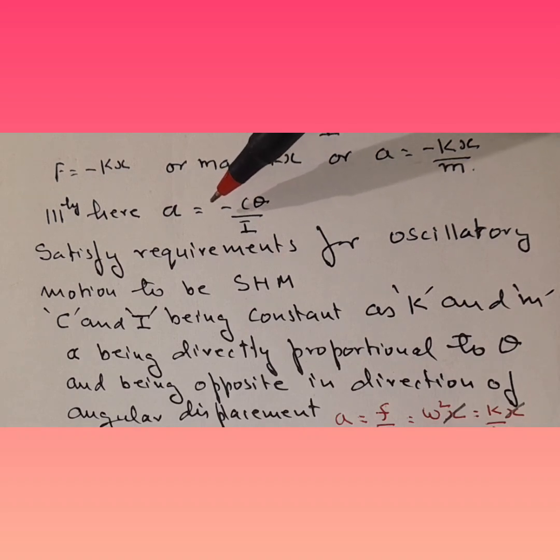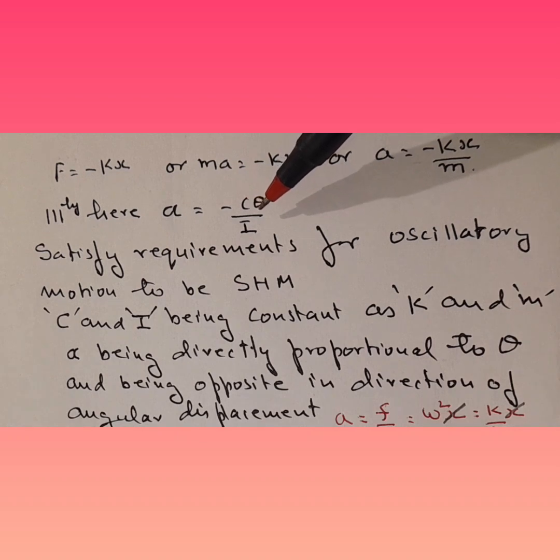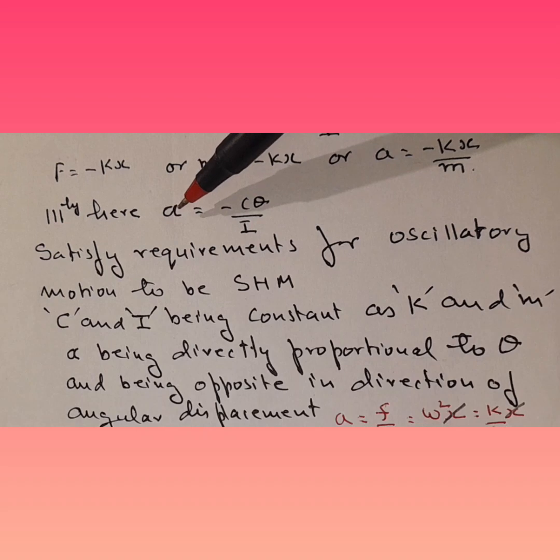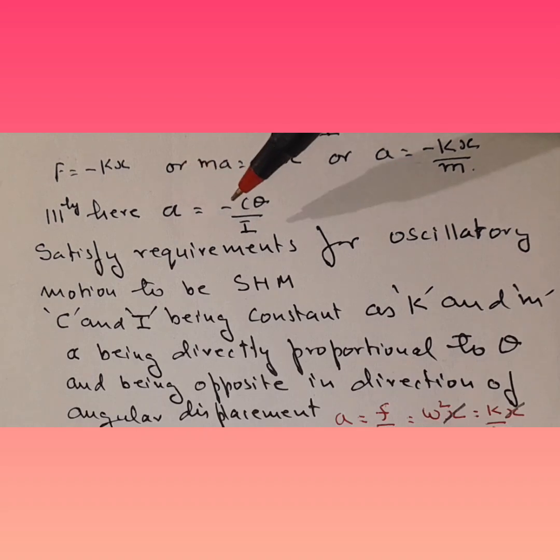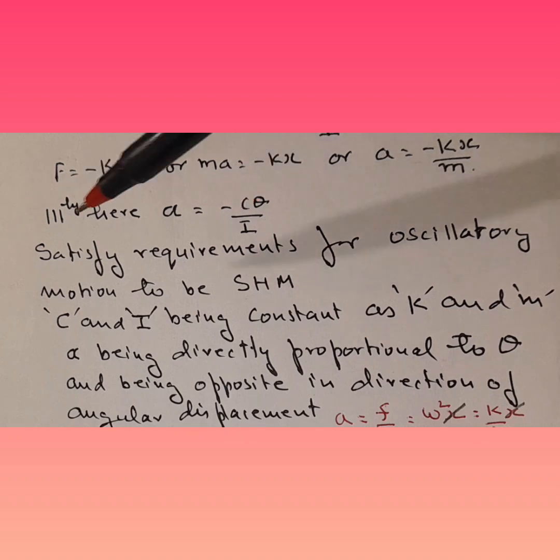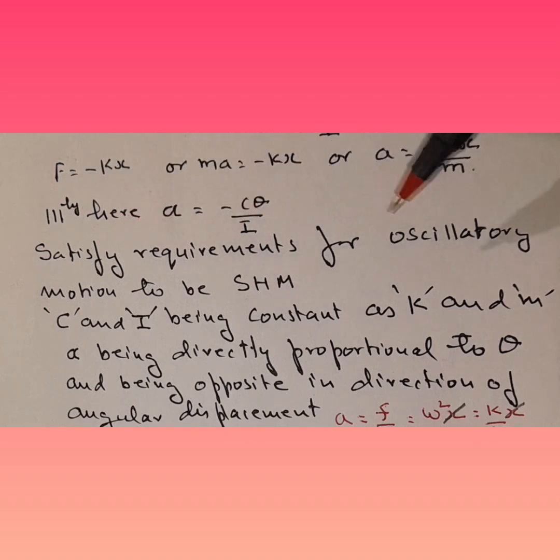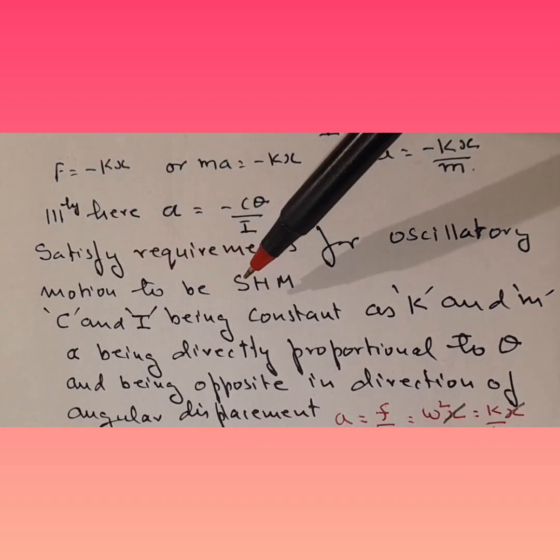Minus theta means alpha and theta are in opposite direction, and at the same time alpha is directly proportional to theta also, because more the angular displacement, more would be the torque generated. All right, so the two conditions required for SHM are satisfied. So it satisfies the requirements for oscillatory motion to be SHM.